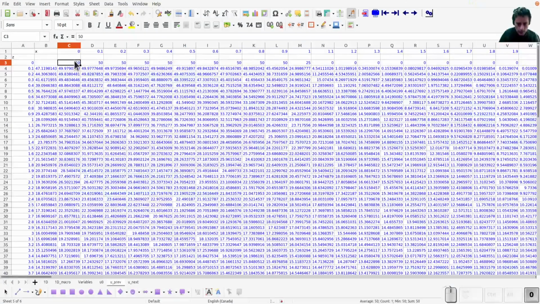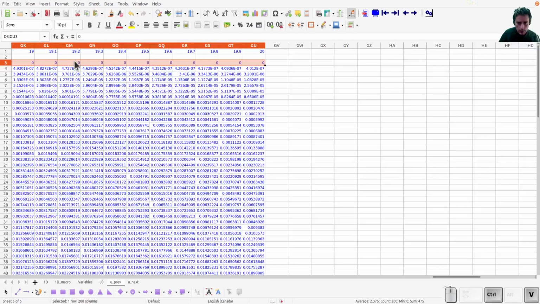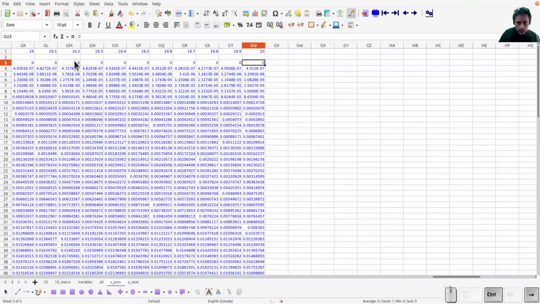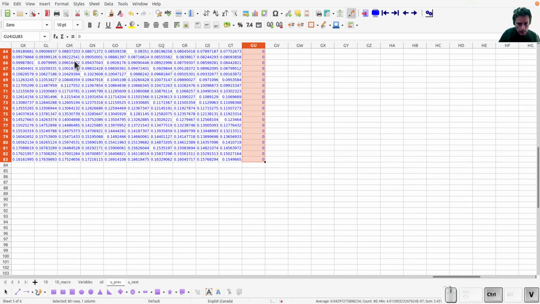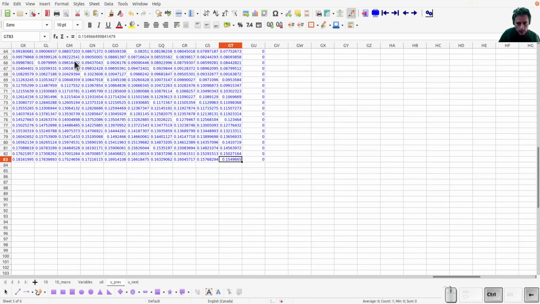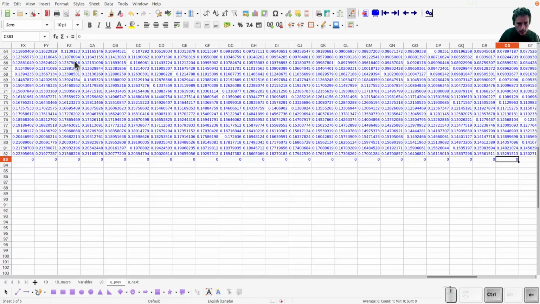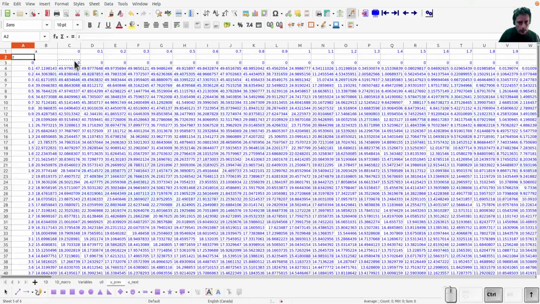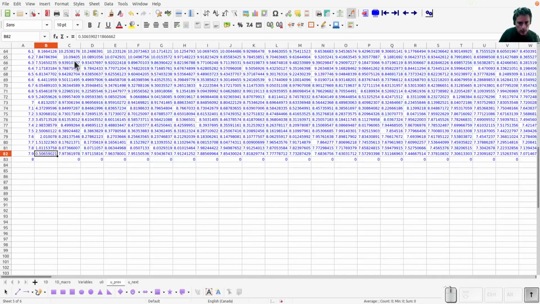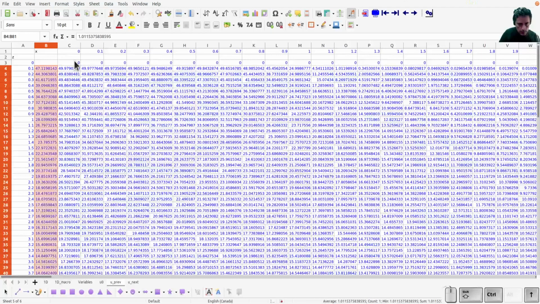Okay, and we change our boundary conditions there, constant boundary conditions. Okay, and this is a mirror boundary for now.